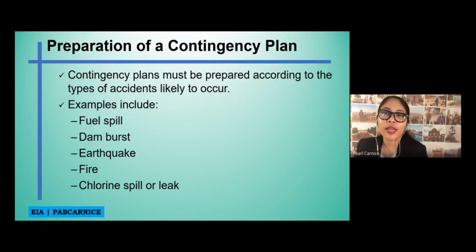Of course, with earthquakes, that's part of the contingency plan, what to do if there is fire, or if there is a chlorine spill or leak, if the project or activity involves chlorine or other toxic waste. So that's part of the contingency plan.